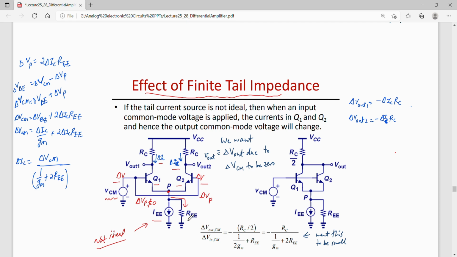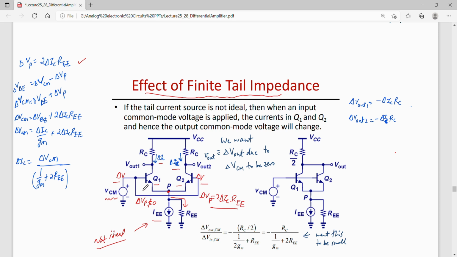The current going into this tail impedance is delta IC from here and delta IC from here, that is, 2 delta IC. So delta Vp would be 2 delta IC multiplied by the finite tail impedance. So I can write delta Vp as 2 delta IC times REE.